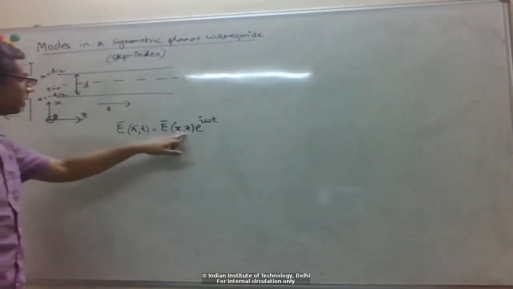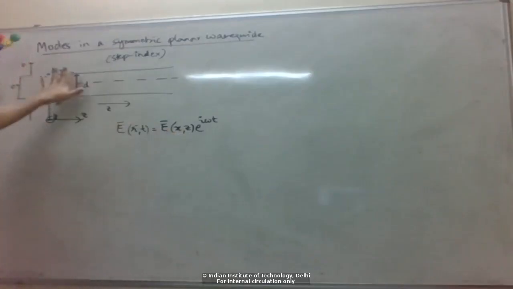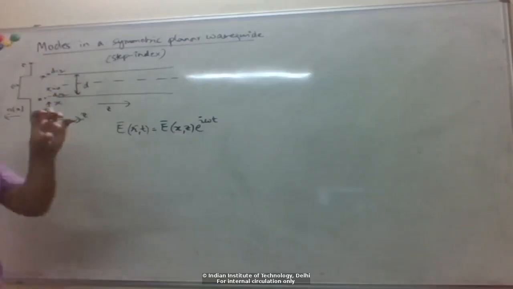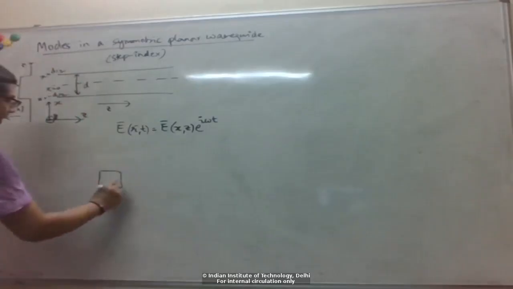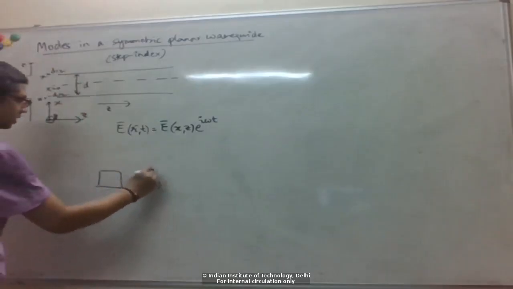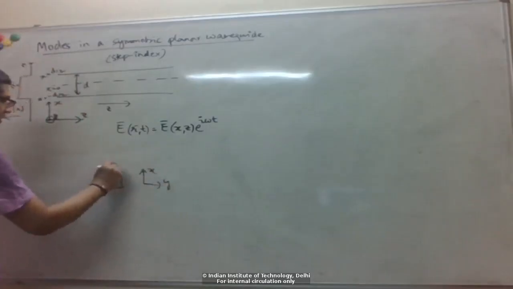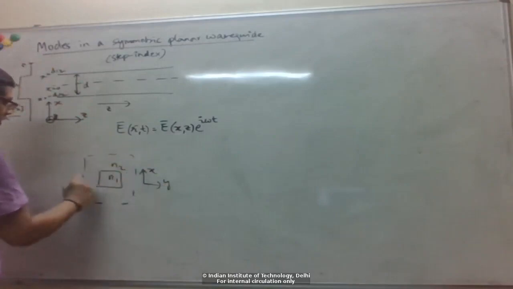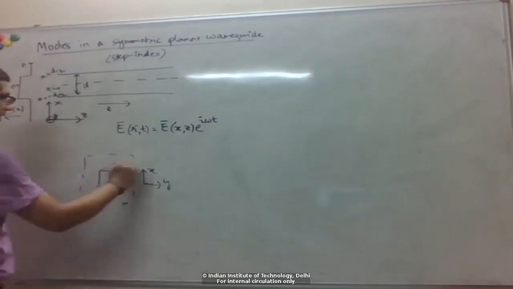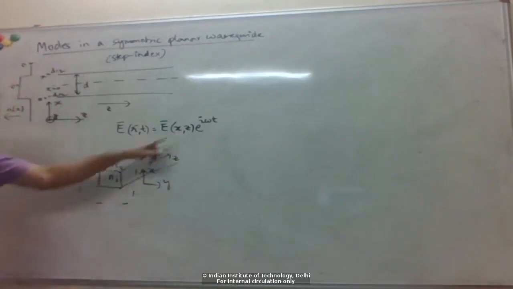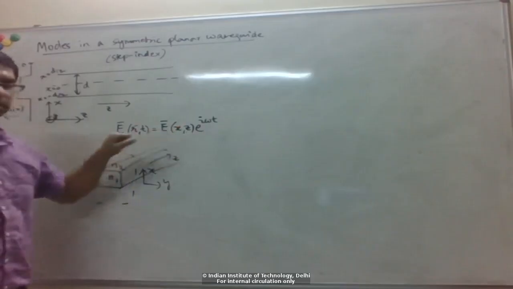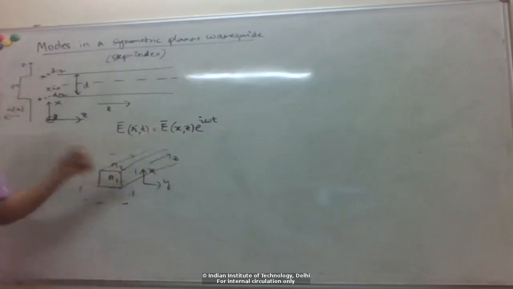So that's why we don't take any time. If there was some structure in the y direction also, for example, if you had a 2D waveguide which looks something like this, with some structuring like this, and then the waveguide extends into the z direction, then we'll have to take x, y, depending on y also.